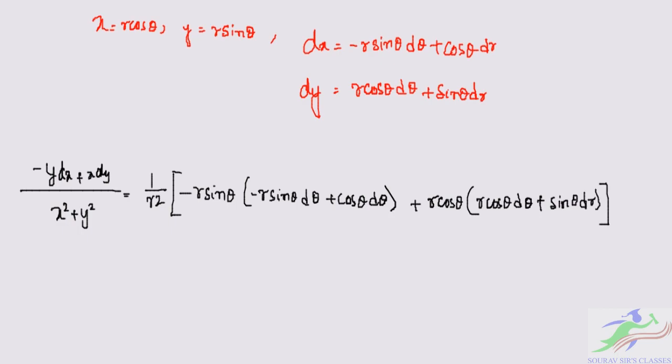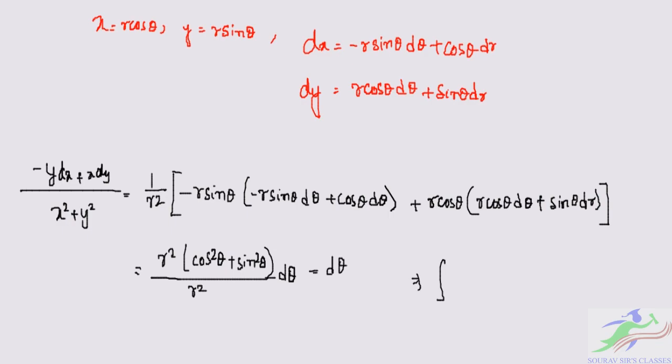From here you get r square (cos square theta plus sin square theta) by r square d theta, which is simply d theta. So for the closed integral of F dot dr, we have d theta. Let us take this as equation 1.